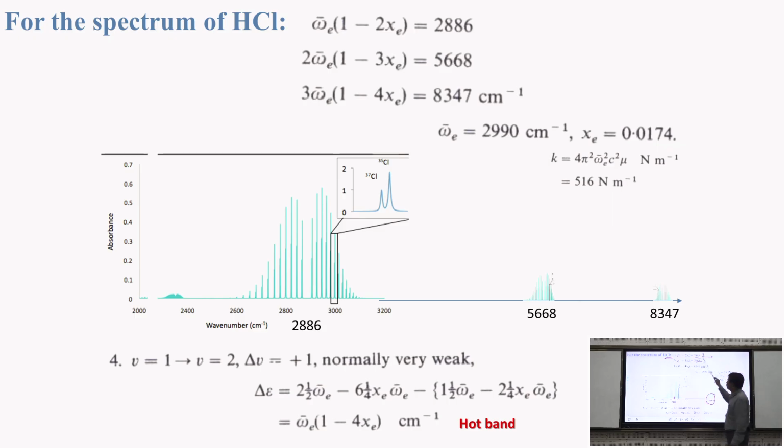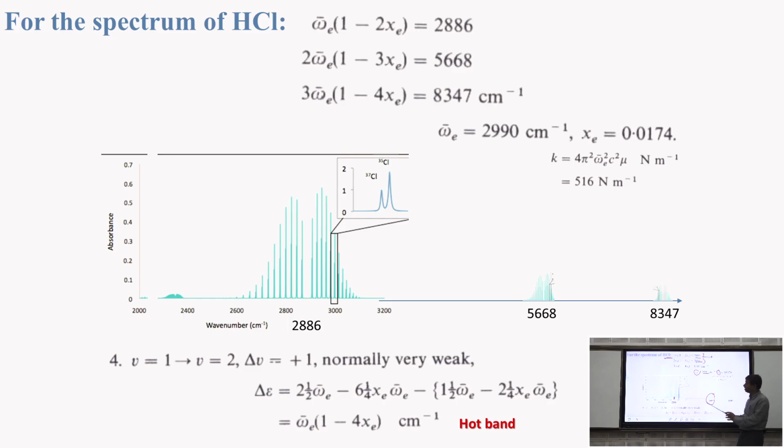If you have these two, the fundamental band and first overtone, you have two expressions and two unknown quantities, so you can calculate the very important oscillation frequency, omega E bar, 2990, as well as the anharmonicity constant, 0.0174.